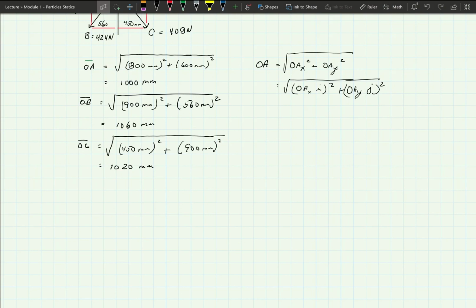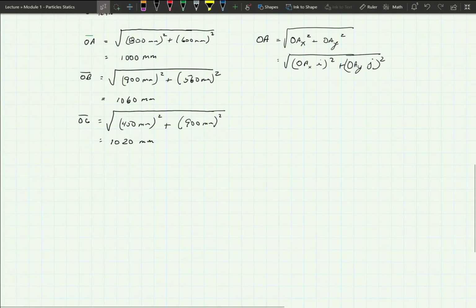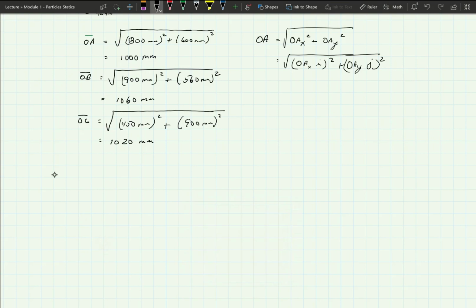All right, now we can start finding the components, because we can start doing some simple breaking the components down. So let's find A of X. It's going to be the A times the ratio of our 800 millimeters over 1,000 millimeters.